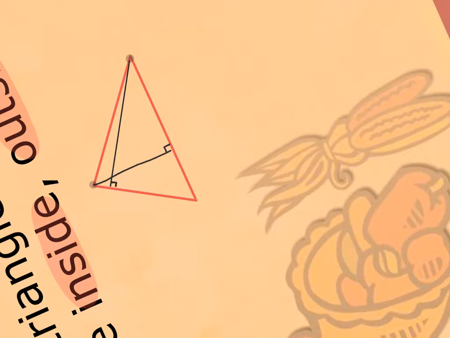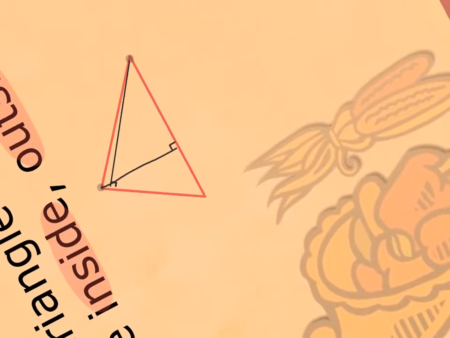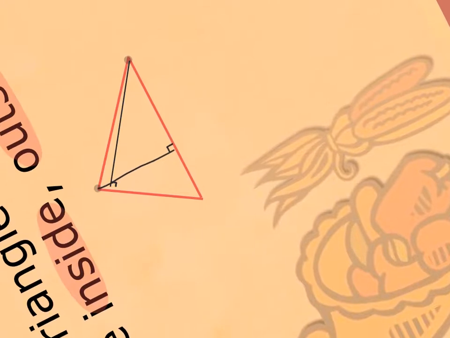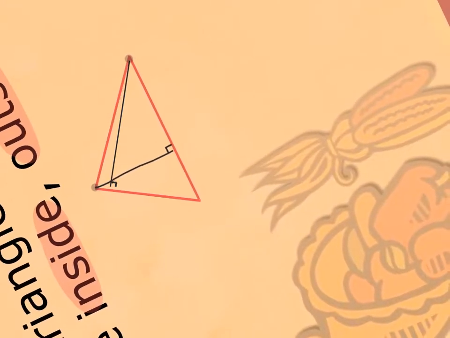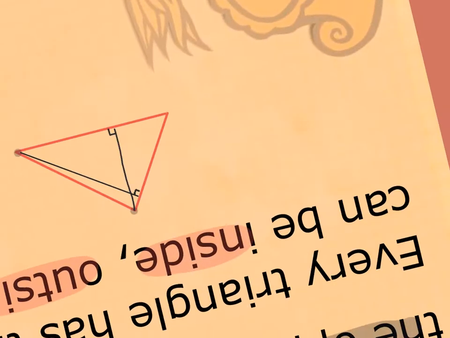And then I'm going to rotate it so that the third vertex is at the top. And I'm going to draw the line that is perpendicular from the third vertex to the other side, which would be there.